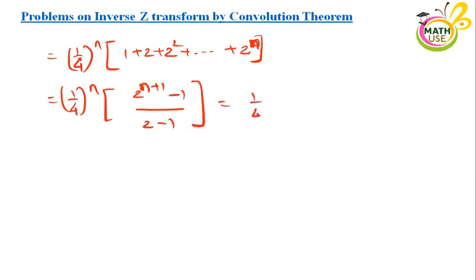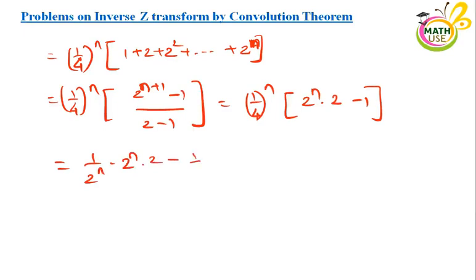So it comes (1 by 4) the whole power n, and then 2 power n plus 1 minus 1 divided by 2 minus 1. And we can take that (1 by 4) power n inside the term. So it comes (2 power n plus 1 minus 1) divided by 4 power n. Here it is 4 power n, so you can cancel this, and it comes 2 power n.